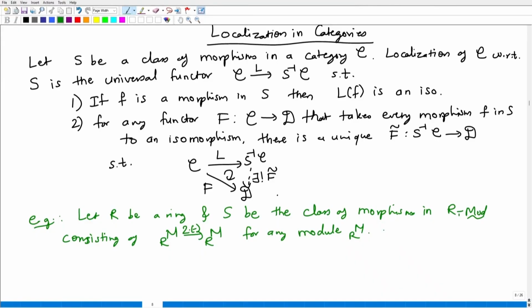If x mapping to 2x is always inverted, then x mapping to 4x, which is a composition of two such maps, will also be inverted. So in fact, all powers of 2 will be inverted. So automatically, multiplication by 2 to the n will also be inverted.